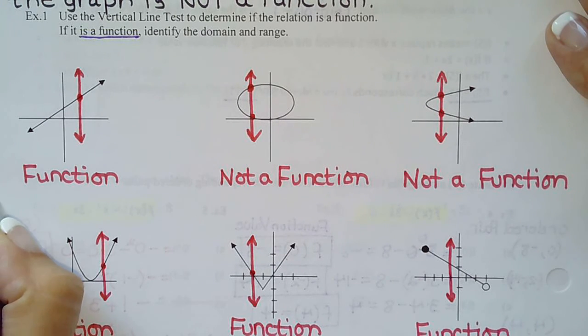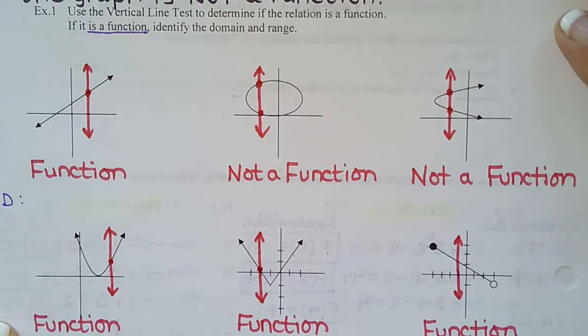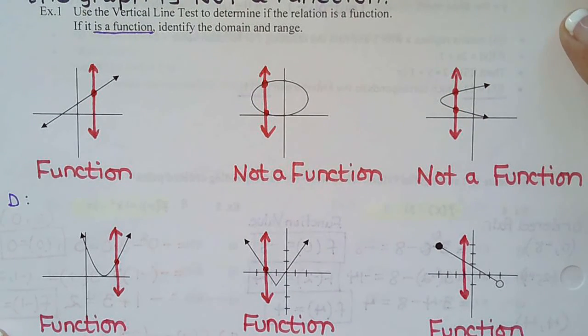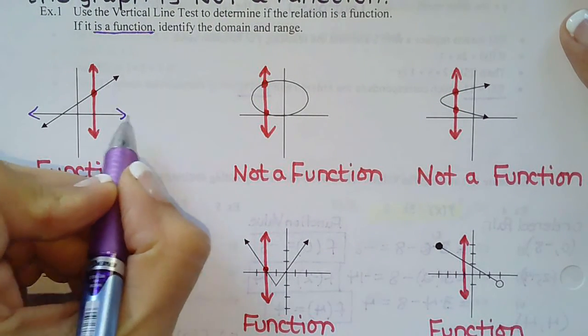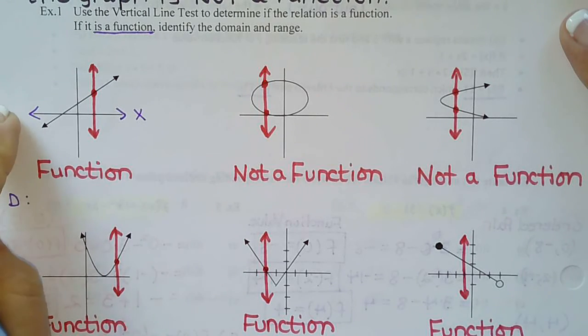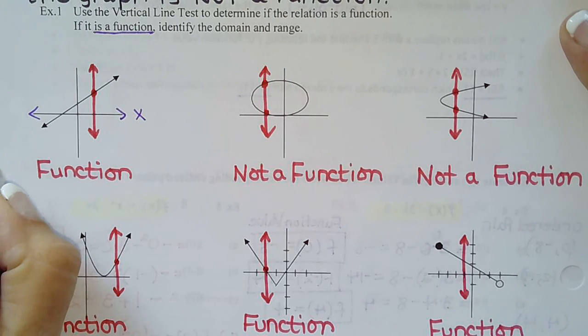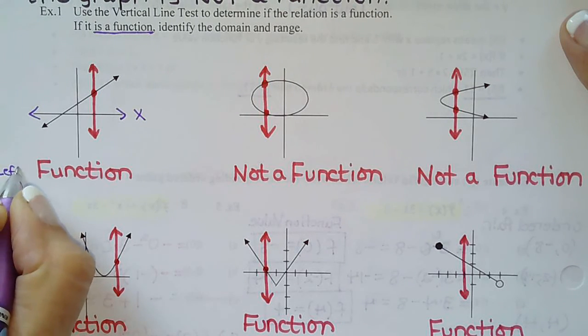So domain, as we learned in lesson 3, are the x values. And the x-axis is left to right. So when we're reading the domain, we list the leftmost x value first and the rightmost x value second. So I like to write that right above it just to remind me.